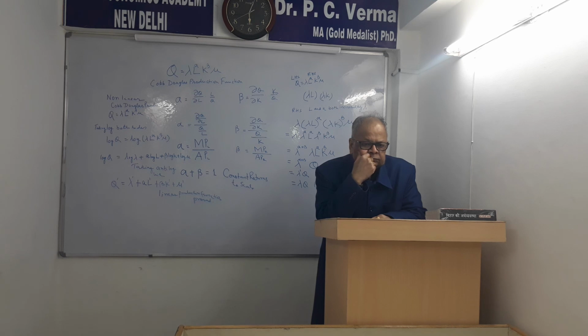Third property: in Cobb-Douglas production function, both labor and capital are always more than zero.